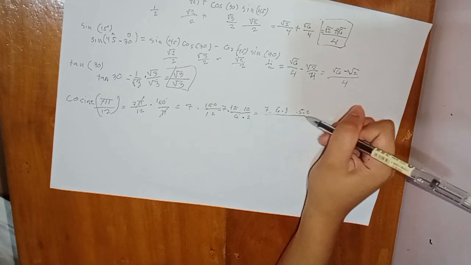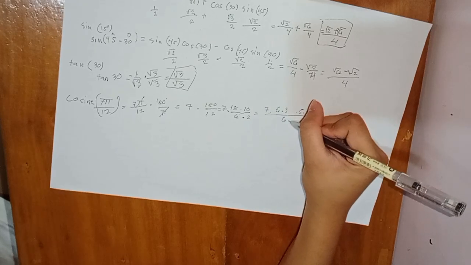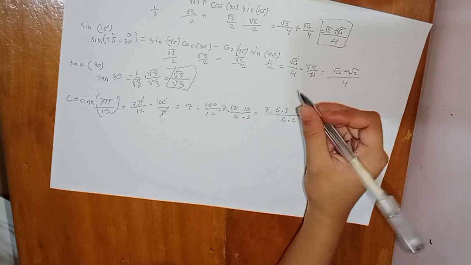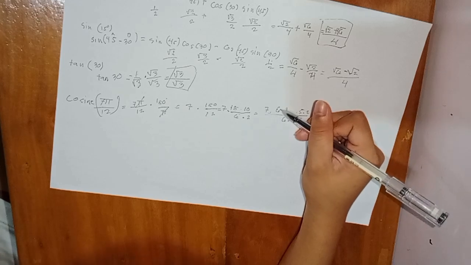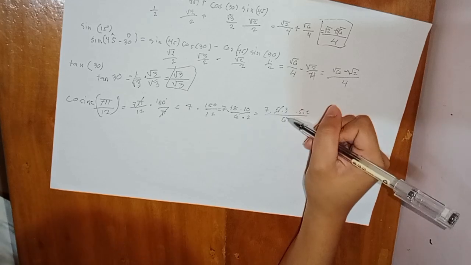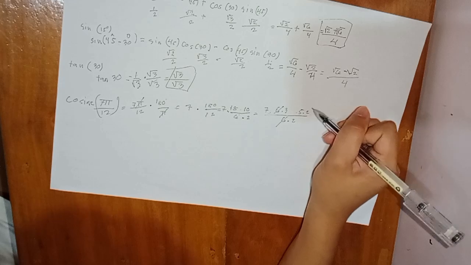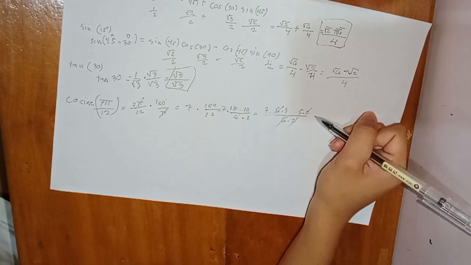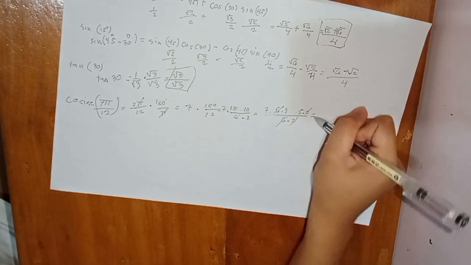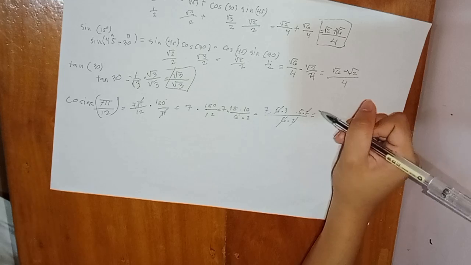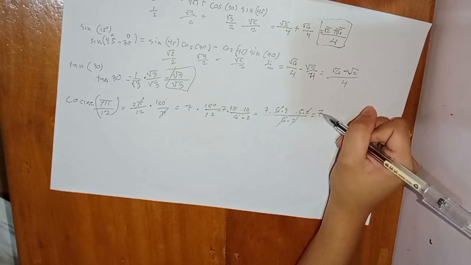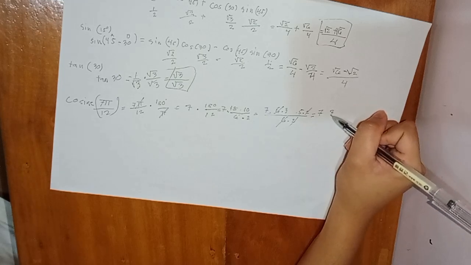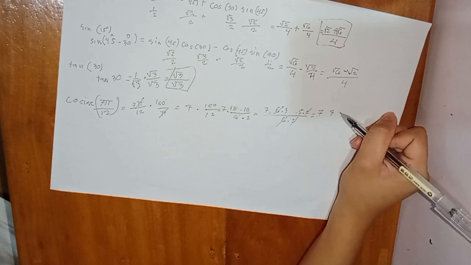So the denominator is 6 times 2. We must cancel out the same terms, which are 6 and 2. So the remaining answer is 7 times 3 times 5.